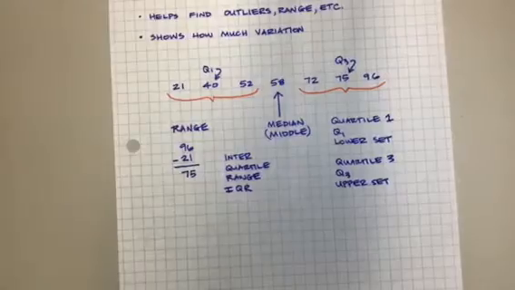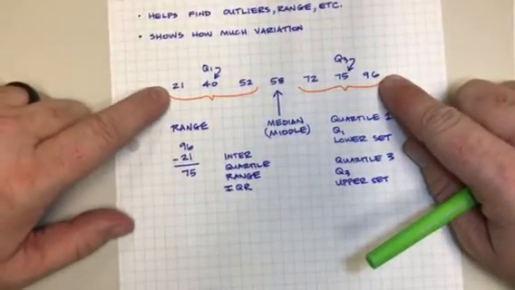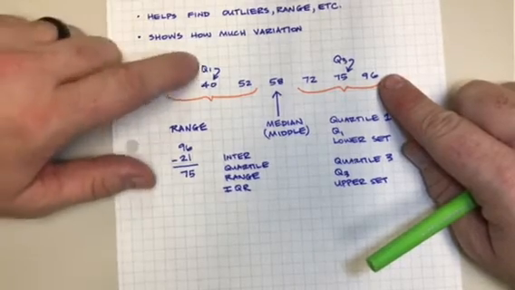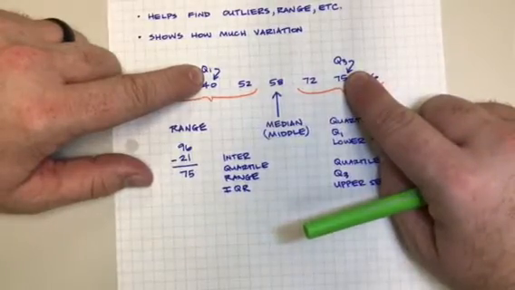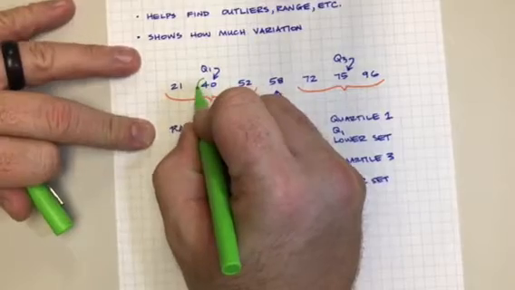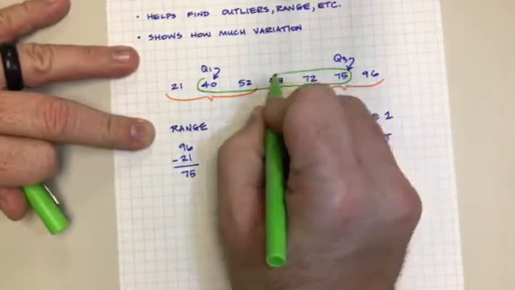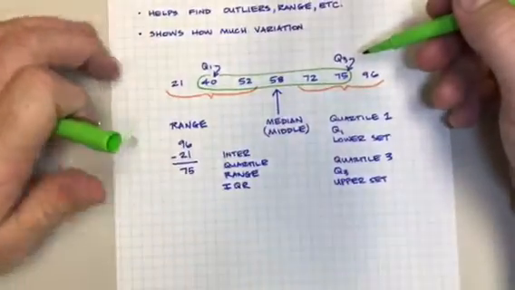That range, instead of going for the range of the whole data set from 21 to 96 like we did for the whole data set, now we're talking about the range from just Quartile 1 all the way to Quartile 3. And that range, obviously, we're talking about from right here all the way over to here, okay? From Q1 to Q3, all right?